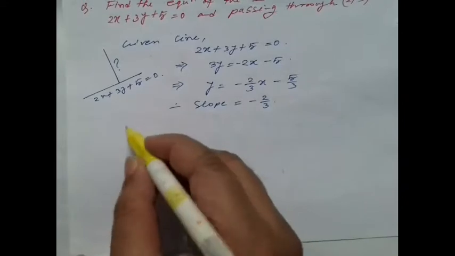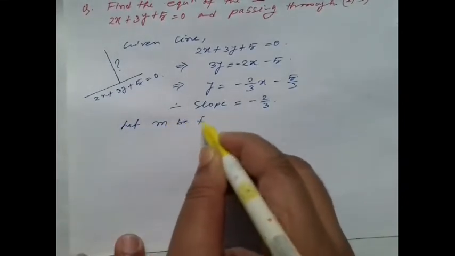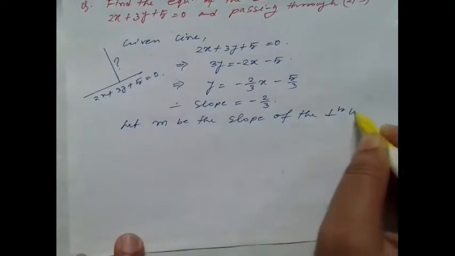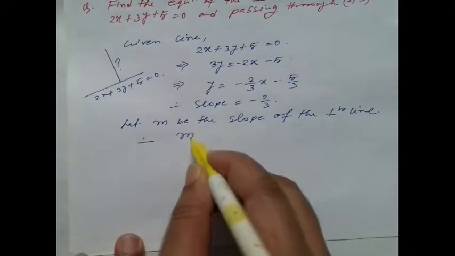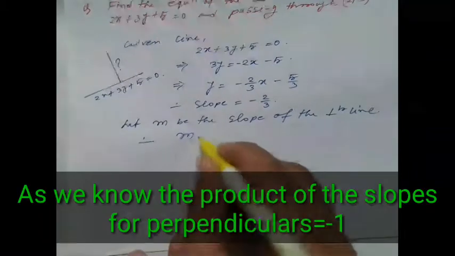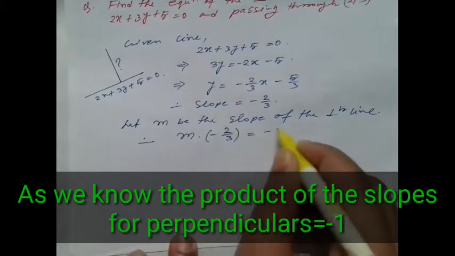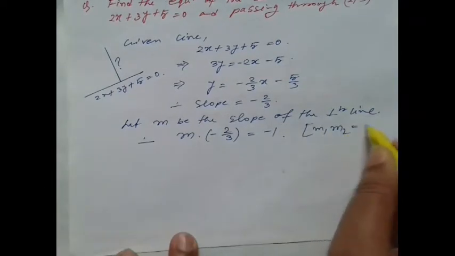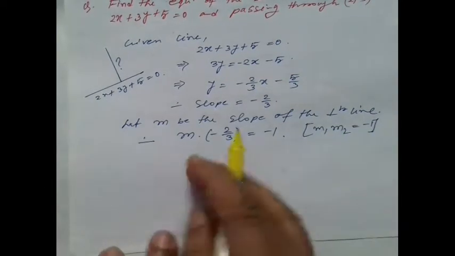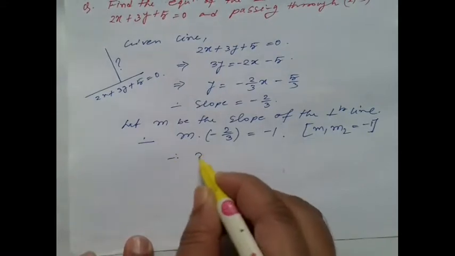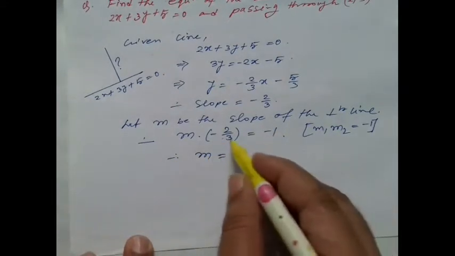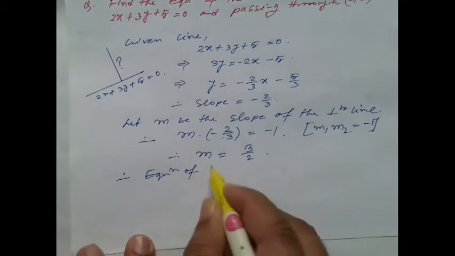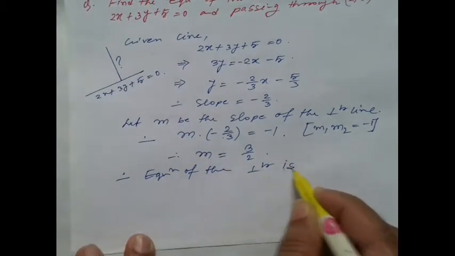So let m be the slope of the perpendicular line, therefore m1 into m2 equals minus 1, so m into minus 2 by 3 equals minus 1. As m1 into m2 equals minus 1 is the condition for perpendicular lines, therefore m equals 3 by 2, the minus signs cancel and the 3 goes to this side.